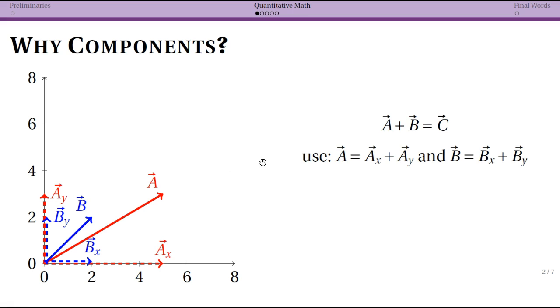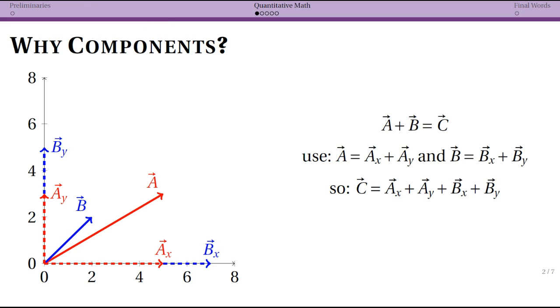Okay? So now, I've broken them into vectors, and what you can now see is that all I need to do is take my original equation and plug my A vectors in for A and my B vectors in for B, and now my C vector is actually the sum of these 4 vectors.